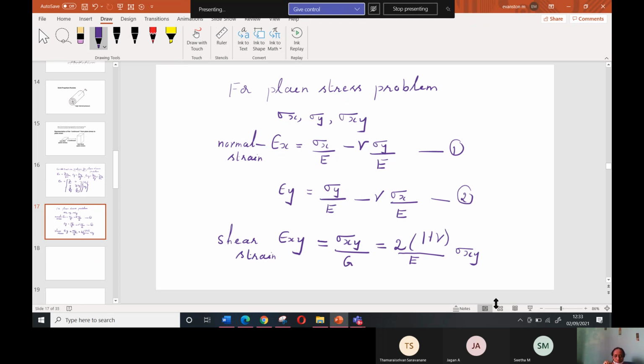What do you have to do? Can you find it out? Either you do it as simultaneous equations, you take it and you do it. Try this one. I'll give the final answer. Check whether you are getting the same answer.